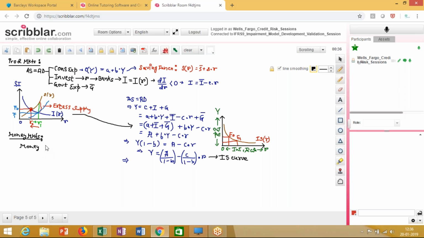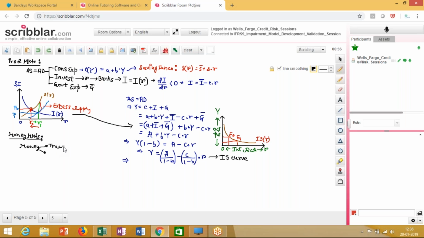With this money which comes into us at the end of each month, we have two types of demands. What is the first demand? First is the transaction demand for money. What is the transaction demand for money? When I get the money, I go to a shop, or I go to a retail store, I go to a restaurant, and I use that money.